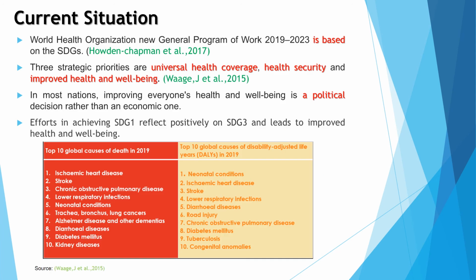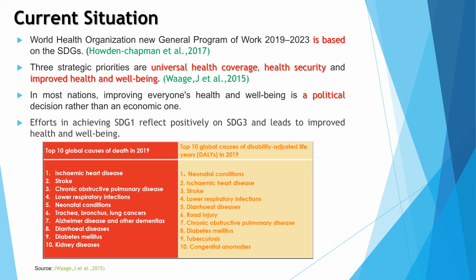After searching in the research review, we found that the World Health Organization's new General Program of Work 2019-2023 is based on the SDGs. Three strategy priorities are universal health coverage, health security, and improved health and well-being.